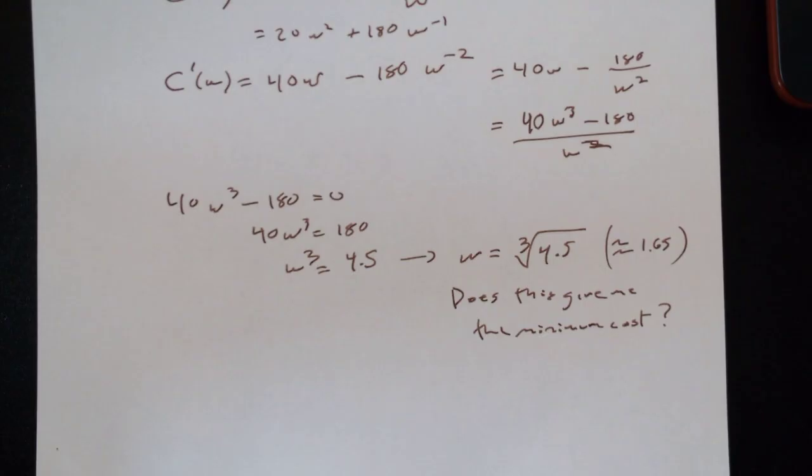I need to check that I actually have a minimum here. If I had an interval, I could test the ends and test this and see which one was the smallest, like we did in the first problem. I don't have an enclosed interval. Can't do that. Use the what? Ah, I can do my sign chart, right? Put this number on there.